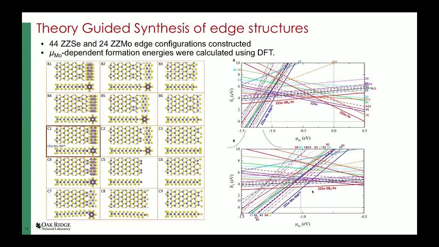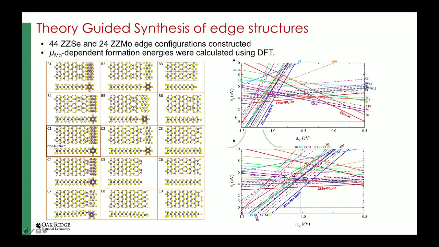Our collaborators in Korea were able to take a wide variety of edge structures that are either zigzag selenium terminated or zigzag moly terminated edge structures, and calculate the formation energy required to transform into these edge termination groups. And so this is dependent on the local chemistry environment. So, for example, you have all these edge structures that have been predicted by theory.